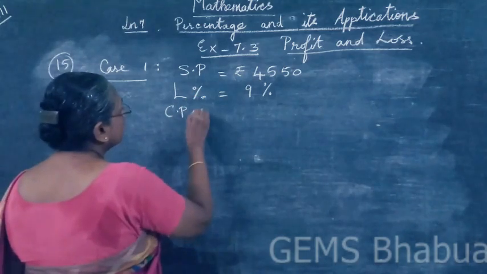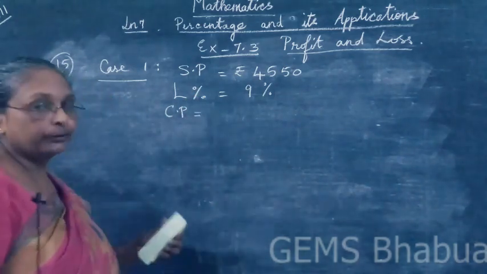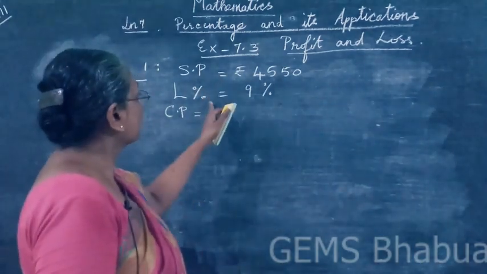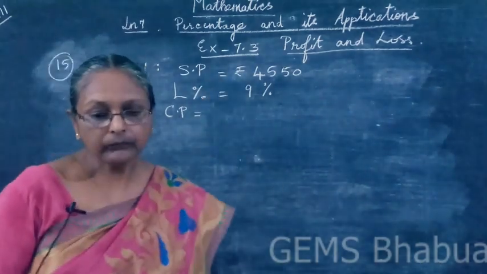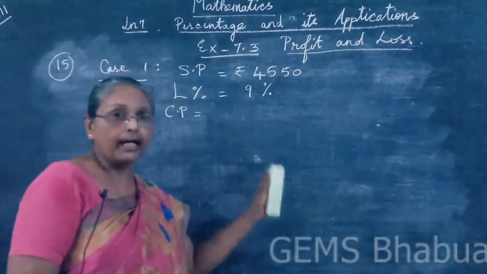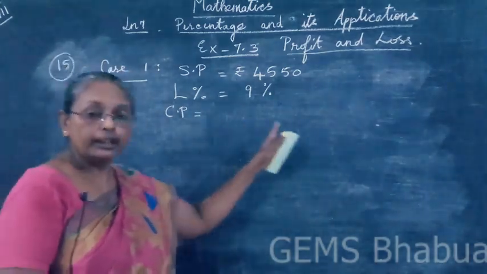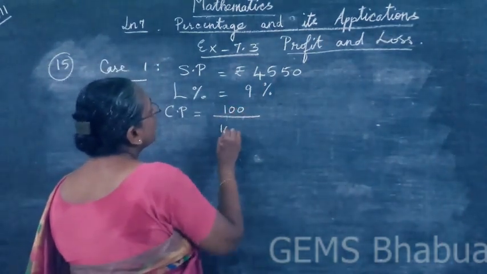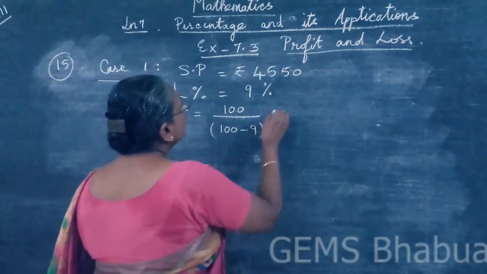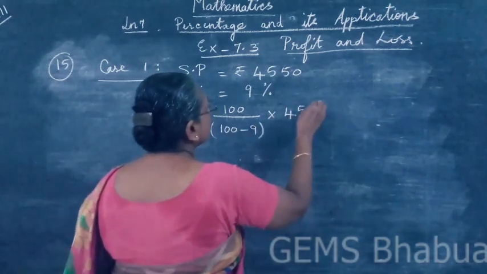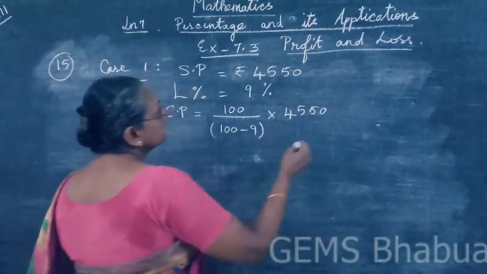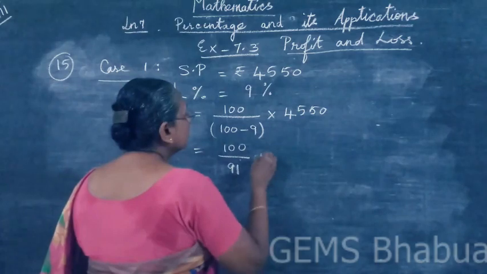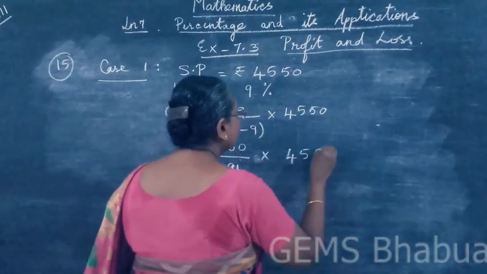Cost price of the article we can find out, as I told you earlier, using the formula when SP and loss percentage are given. The formula is 100 by 100 minus loss percentage into SP. So it will be 100 by 100 minus 9 into SP, which is 100 by, when you subtract you get 91 into 4550.